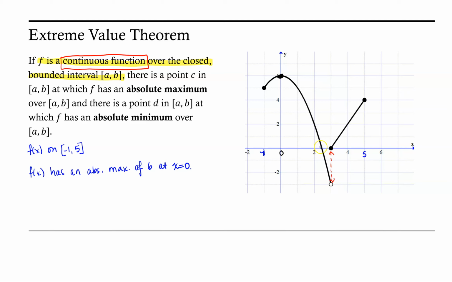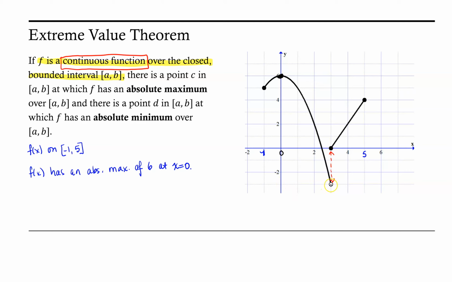So if we're going to have an absolute minimum, it's going to occur below the x-axis. And what we can see is that this function to the left of 3 continues to drop and fall, and it looks like it's getting close to -3.